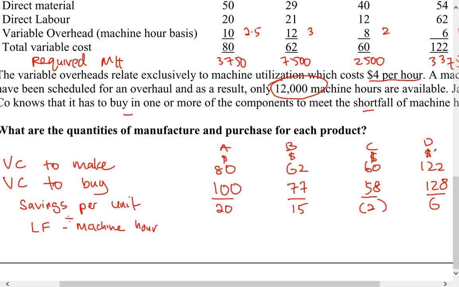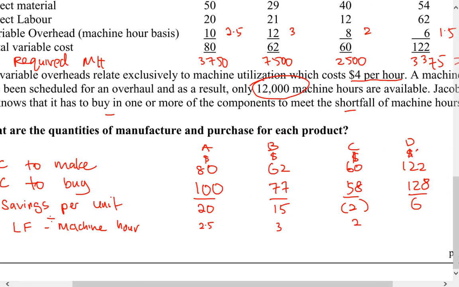If you look at product C, make $60, buy only 58. No need to consider whether to make or not. Just go buy. It's cheaper to buy. So divide by machine hour. To save $20, I need to spend 2.5 machine hours. So you divide by 2.5, 3, 2, 1.5.